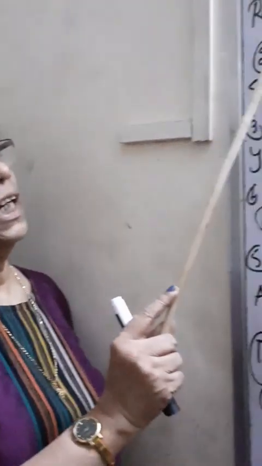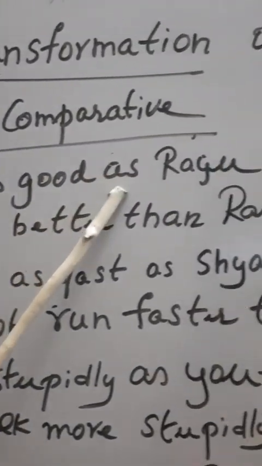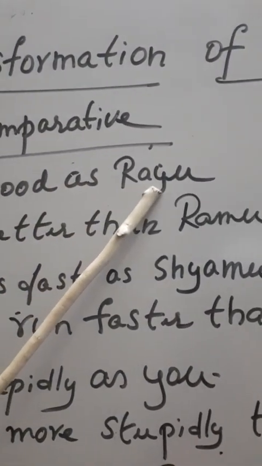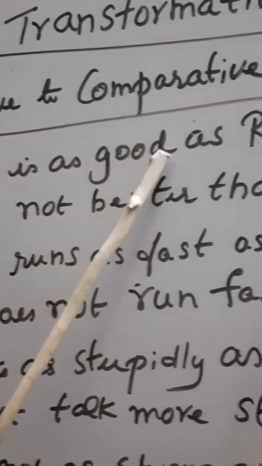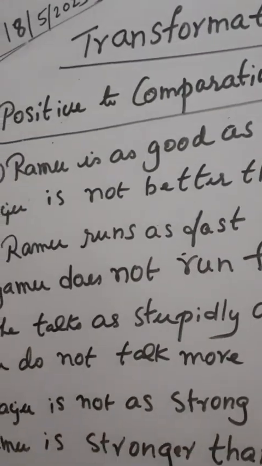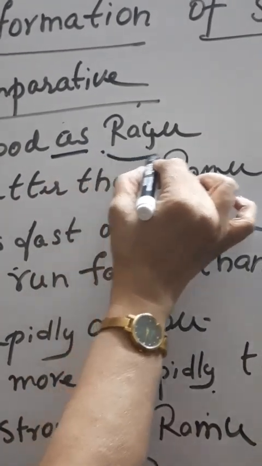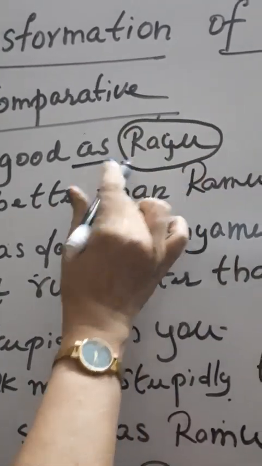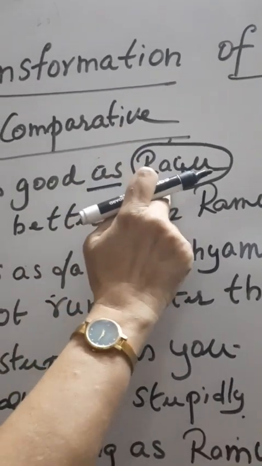Now see, Ramu is as good as Raju. Which word comes after as? That is Raju.